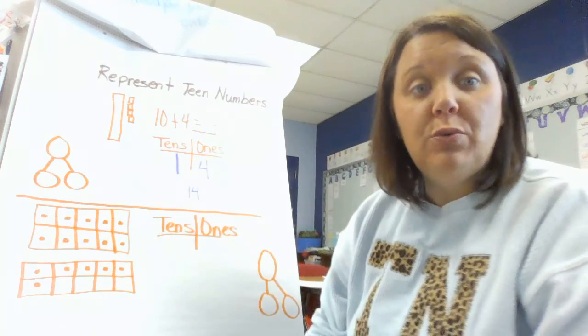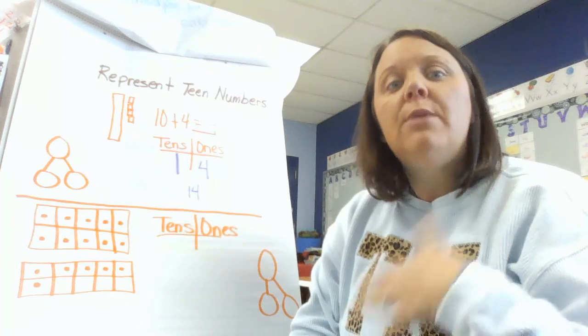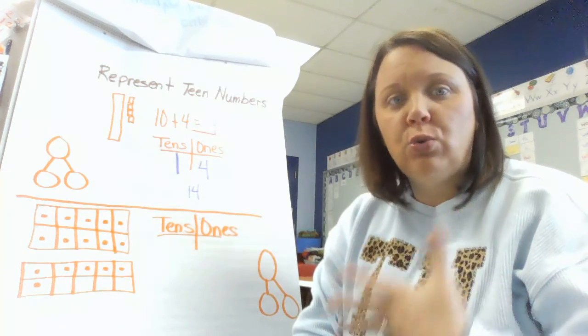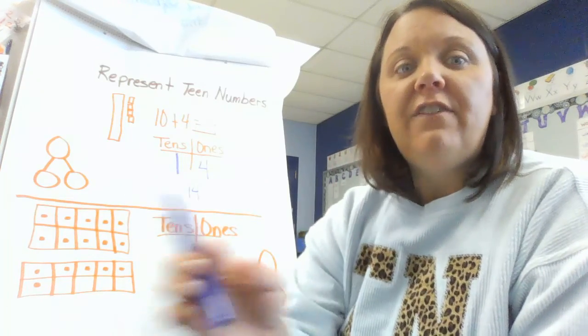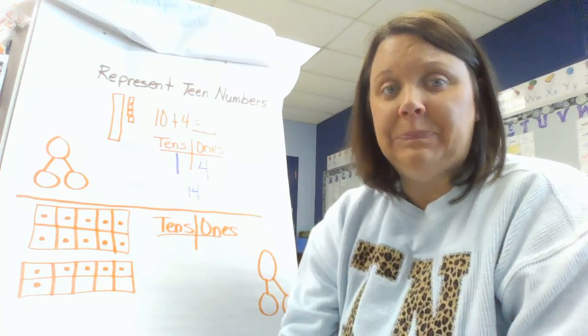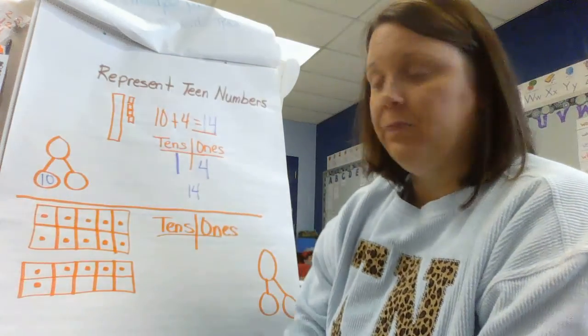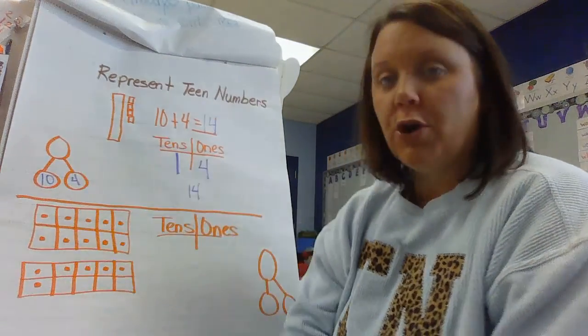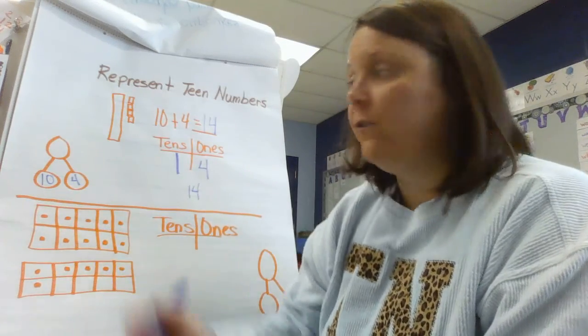The value is 10. It's kind of like if you have a quarter. You have 1 quarter, but the value of that quarter is 25 cents. So you have 1 10, but the value of it is 10. So in your number bond, you're going to put the number 10 and the number 4 in the parts. In the whole, you would put the number 14.